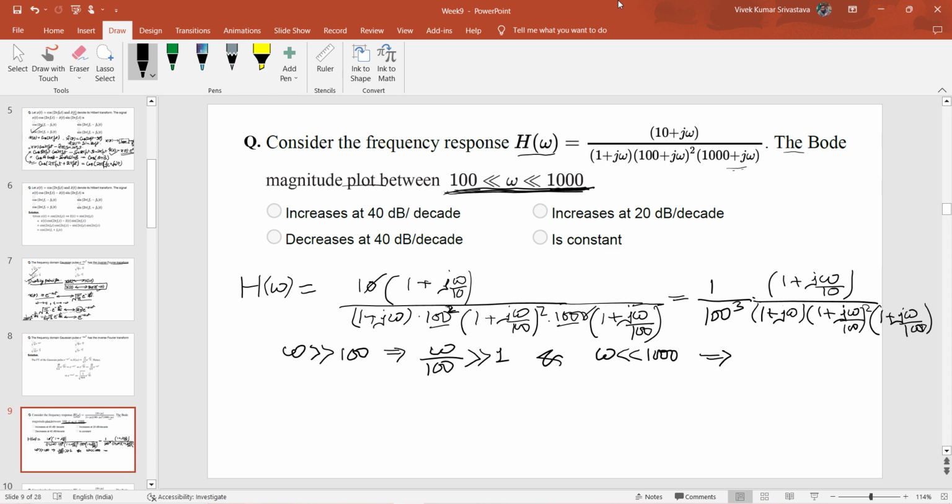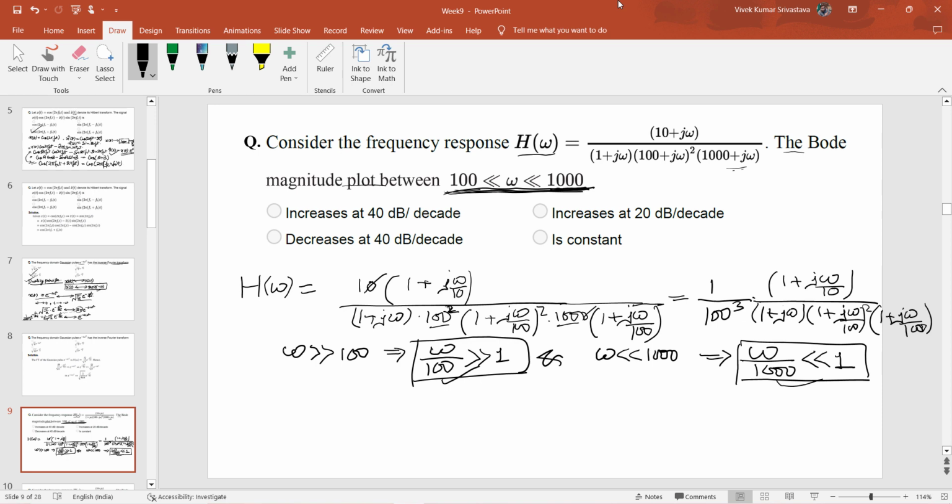So from here we can say that omega by 1000 is less than 1. Okay, it means that within this range we have to check this condition. Now let us check whether this condition is satisfied for which factor.